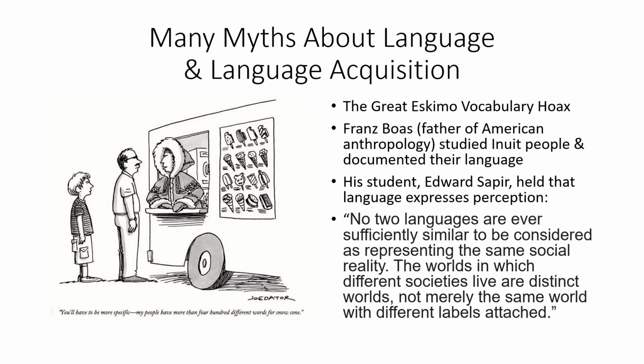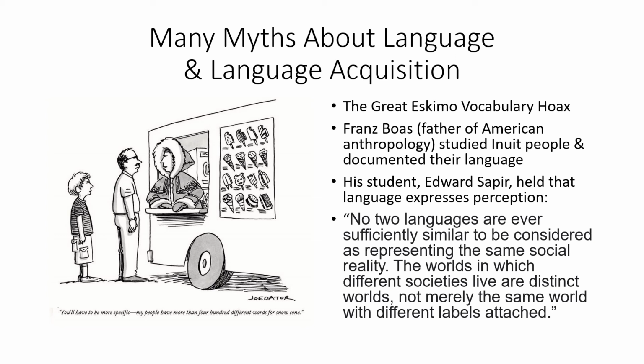One of his students was Margaret Mead, who famously wrote about Samoa. Another of his students was Edward Sapir. Sapir took Boas's ideas about language and the importance of language and carried it a step further.